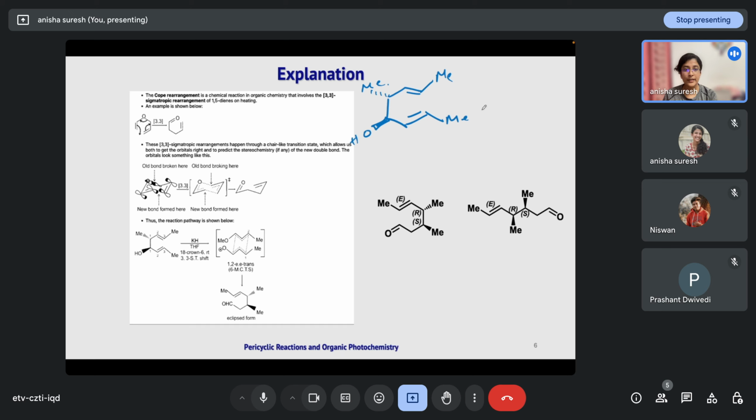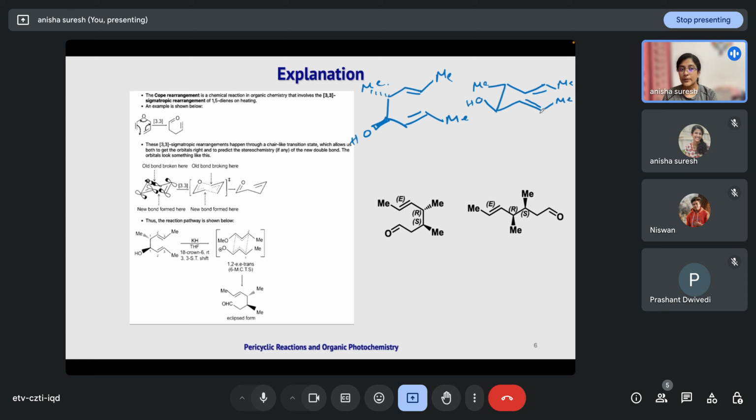As is shown here, we can draw it like a chair conformation. So this alkene is an E alkene, as you can see here. So we have to draw it in E fashion. And here also the alkene is E, so we have to draw it like this. And this methyl group is coming below the plane, and this hydroxyl is coming above the plane. So it should be both equatorial.